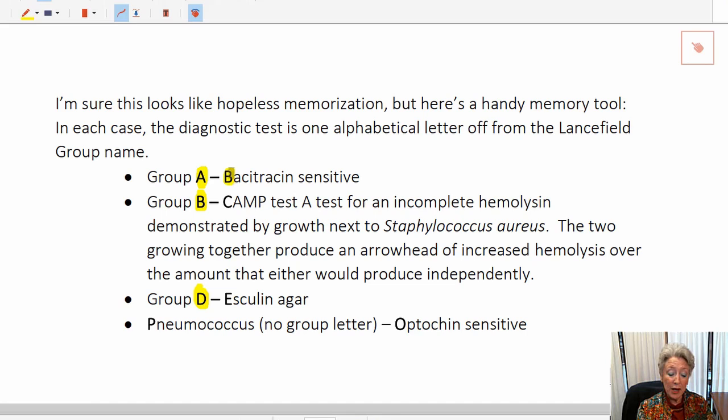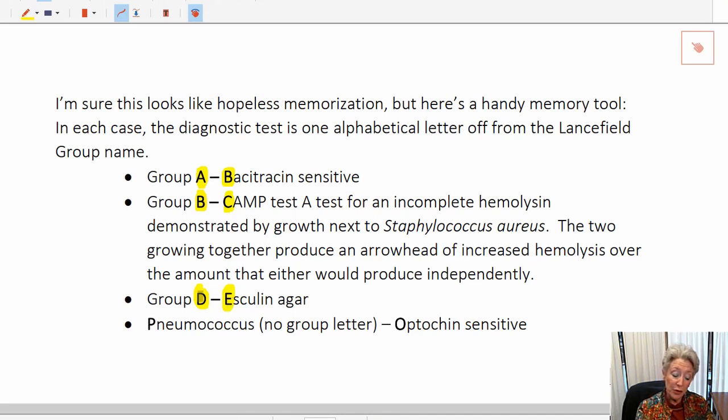So for group A, I have bacitracin sensitivity. For group B, I have the CAMP test. For group D, I have growth on esculin agar. So A, B, C, D, E so far.